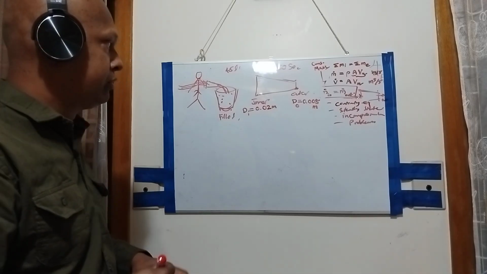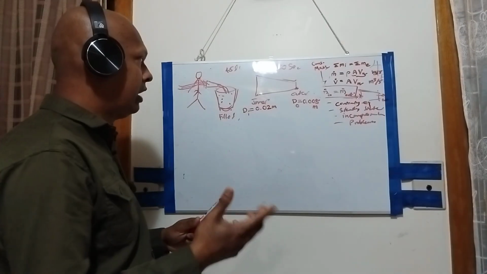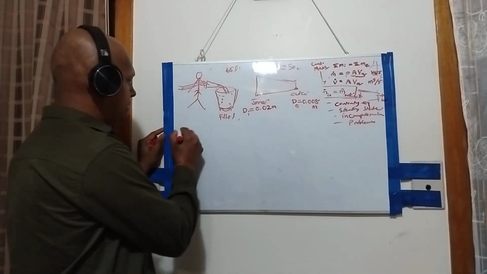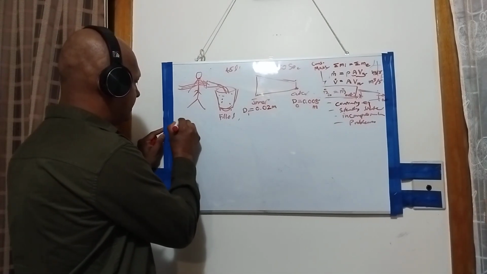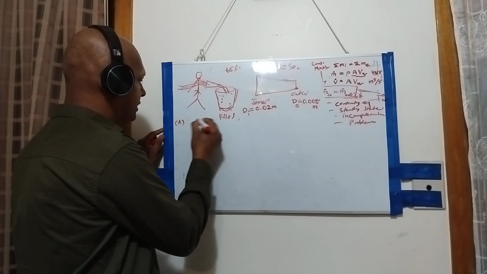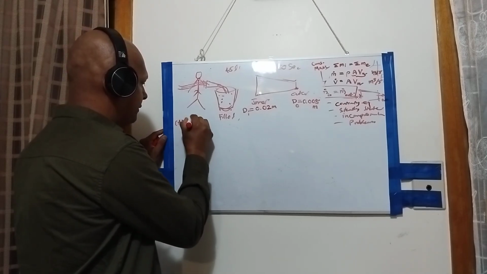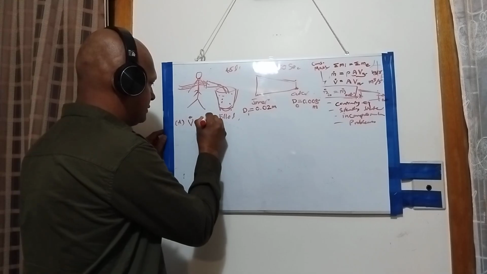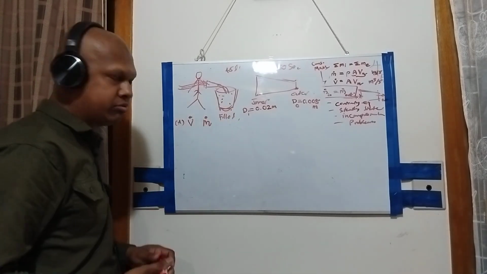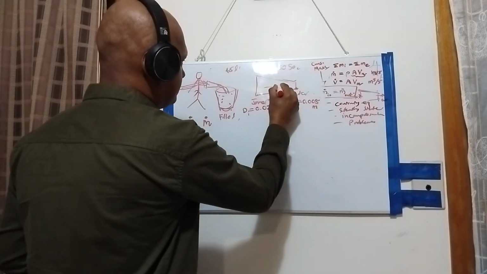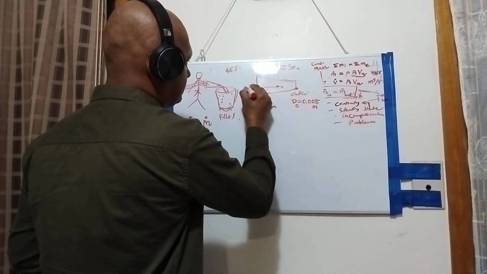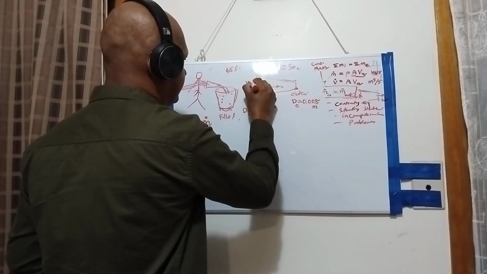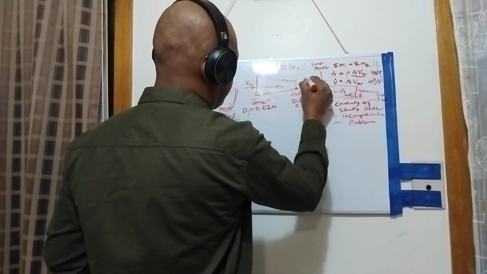So what the problem is asking, question A: what's the volume flow rate and what's the mass flow rate of the stream at V in, V out.